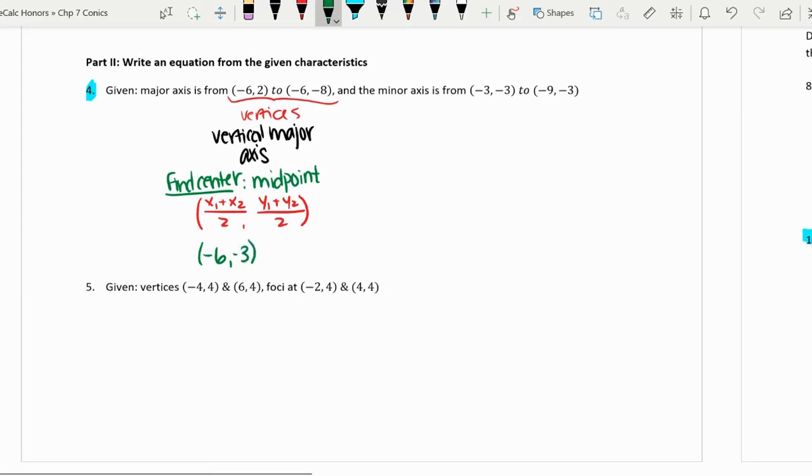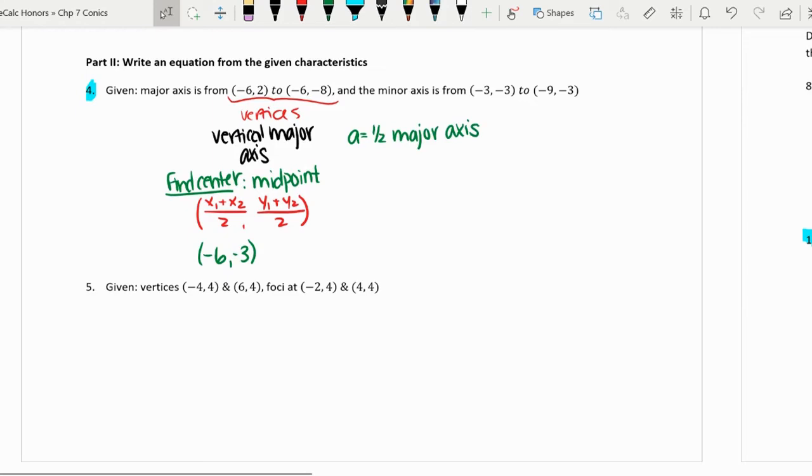Also, while doing that, we kind of just found out what the A value is, right? Since half of our major axis is A, so I'm going to say our A value equals 1/2 of the major axis. Hopefully we don't have to use the distance formula to figure out how long the major axis is here.